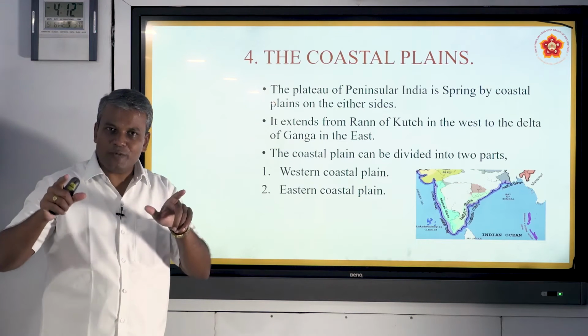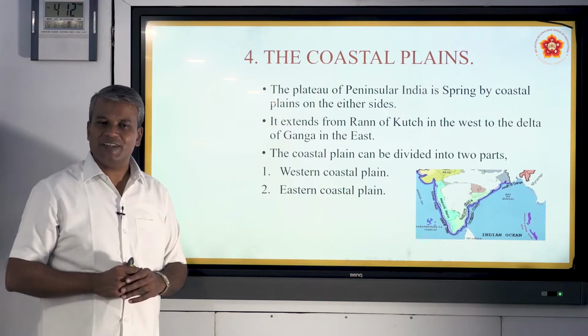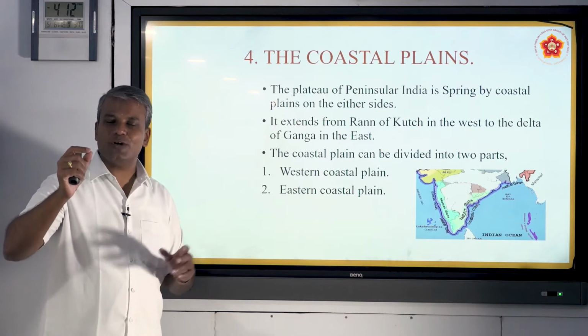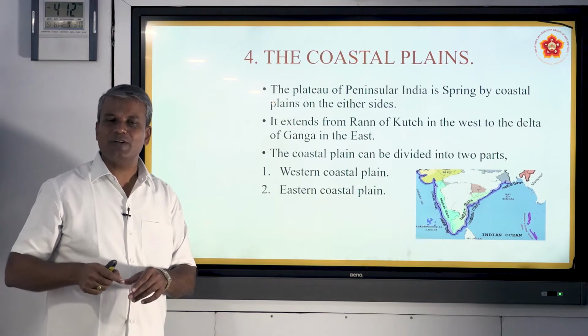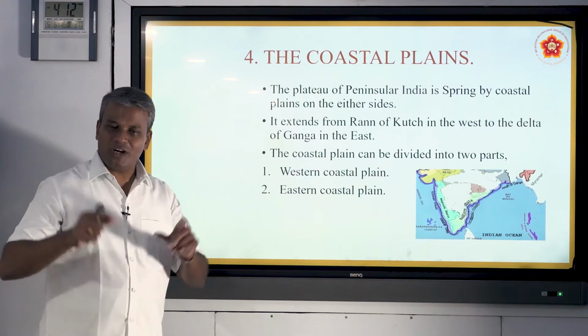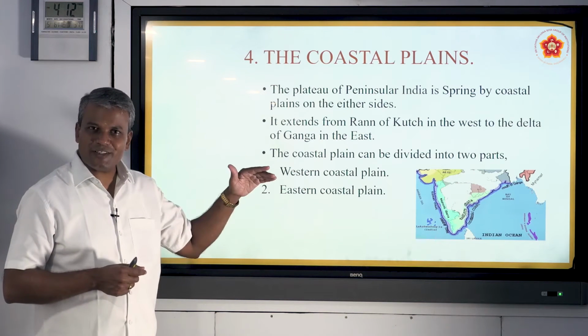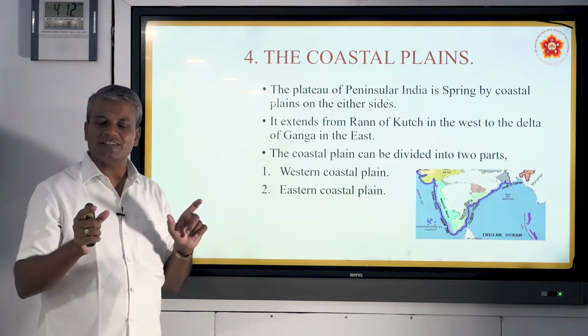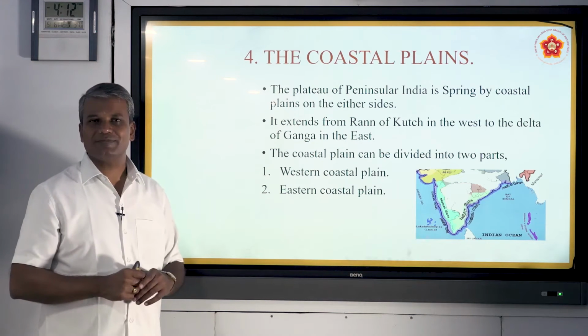The Deccan Plateau, the largest physiographic division of India, is about 16 lakh square kilometers. Himalayan mountain ranges 5 lakh square kilometers, northern plain 7 lakh square kilometers. Deccan Plateau is the largest physical division of India, 16 lakh square kilometers.